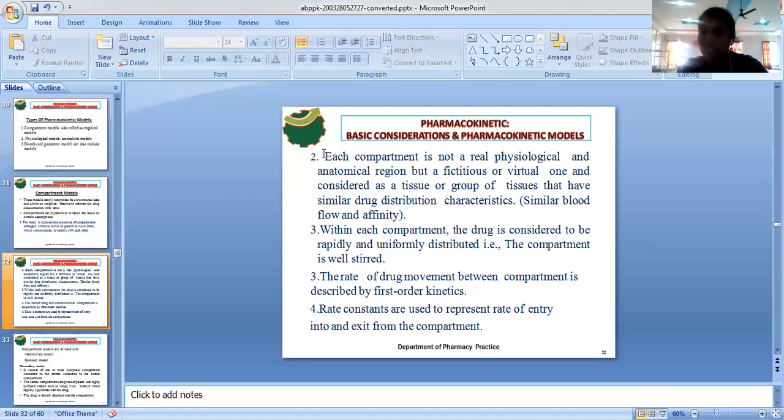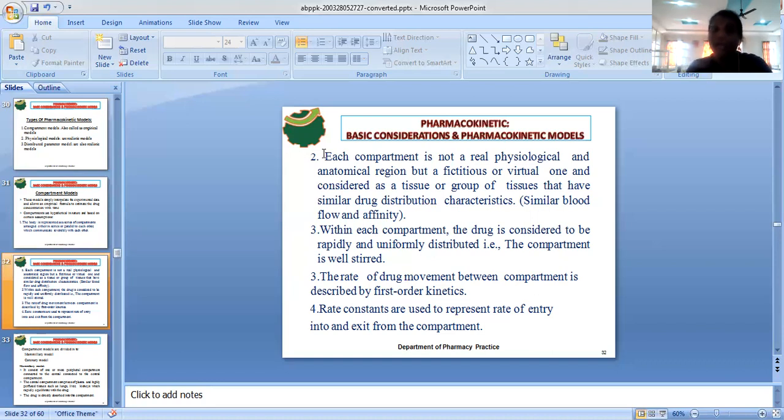The tissues that come under a compartment have similar drug distribution characteristics with respect to blood flow and drug affinity.